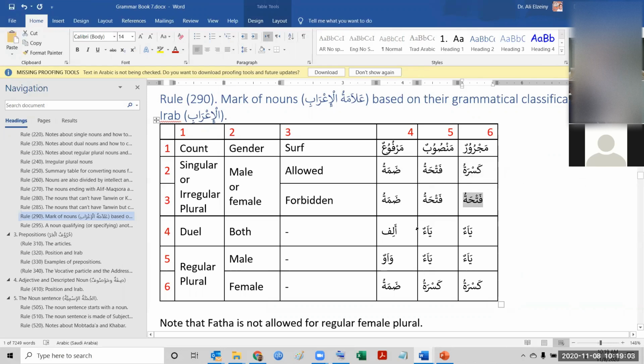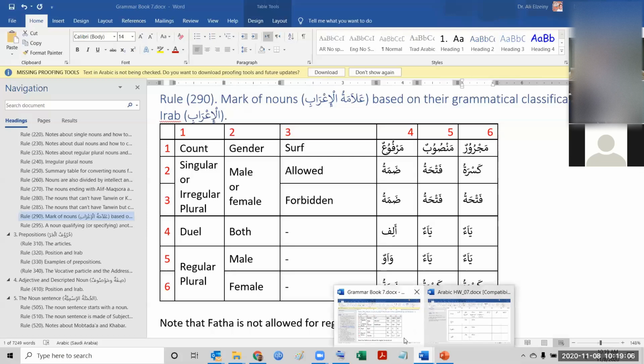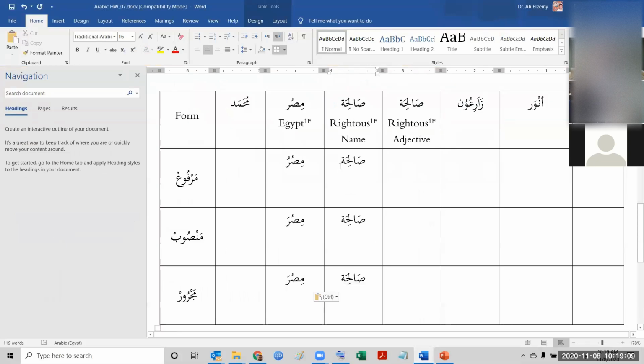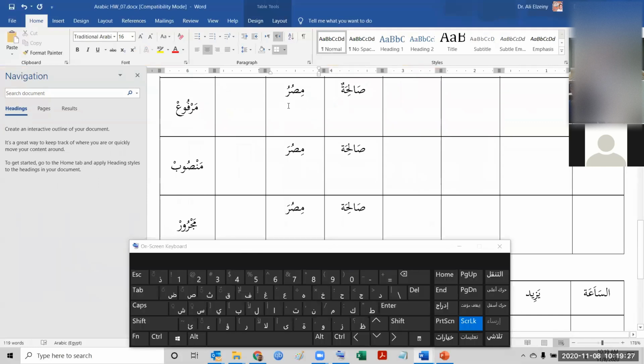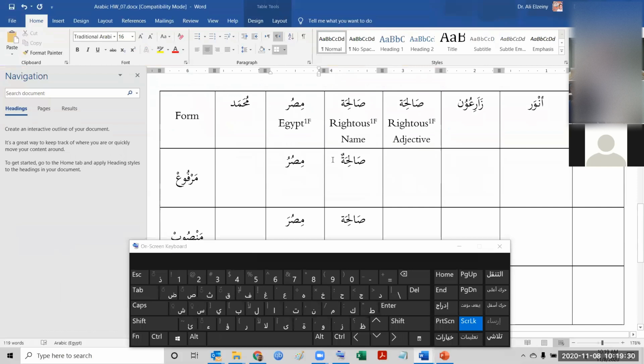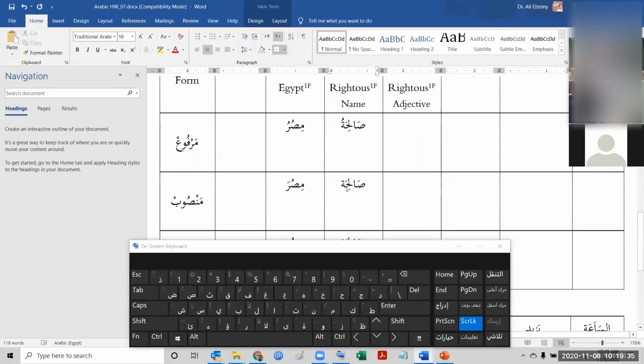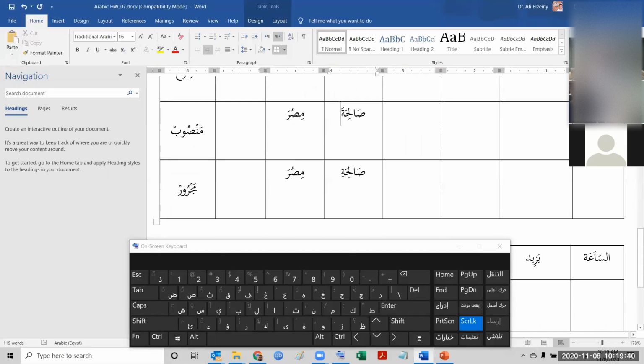I go back to the book here, and they say sarf is not allowed, therefore it's dhamma, fatha, fatha.